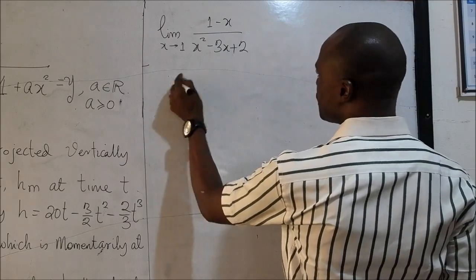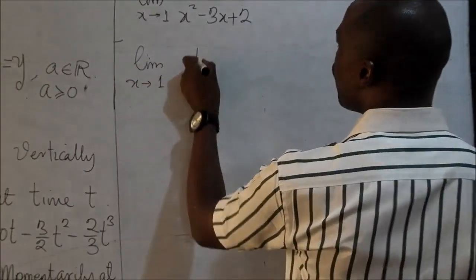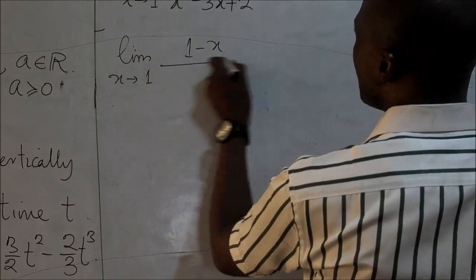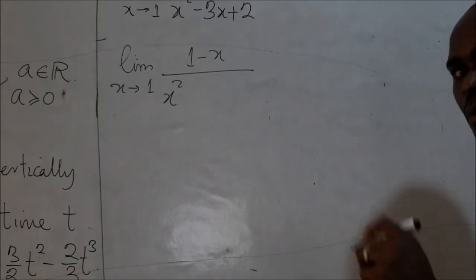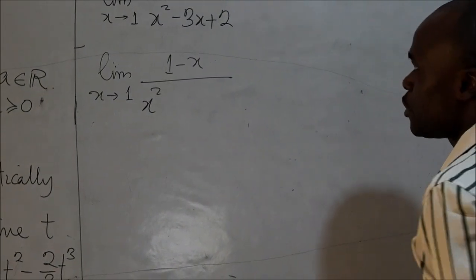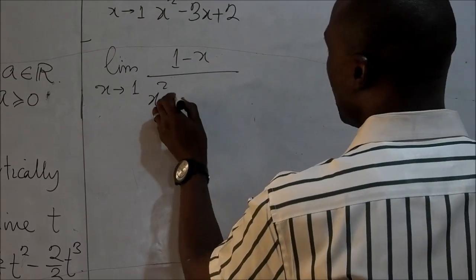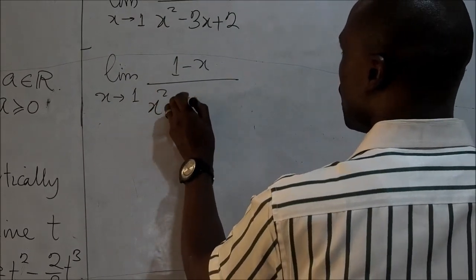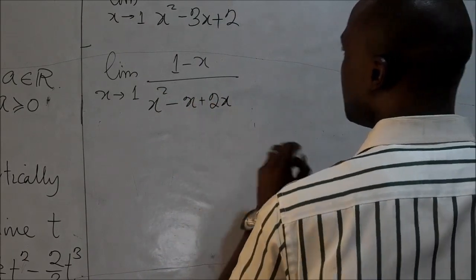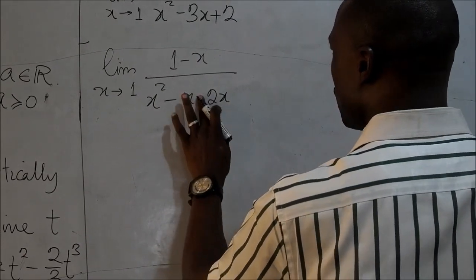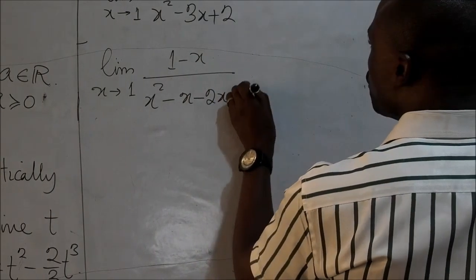We factorize this, and that will give us the limit as x tends to 1 of 1 minus x, and x squared can be factorized. Remember your elementary factorization. This can be factorized into x squared minus x minus 2x plus 2.